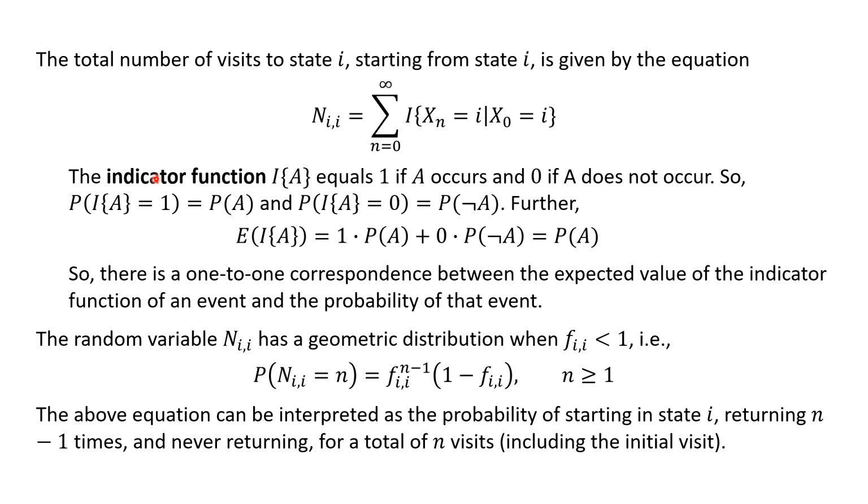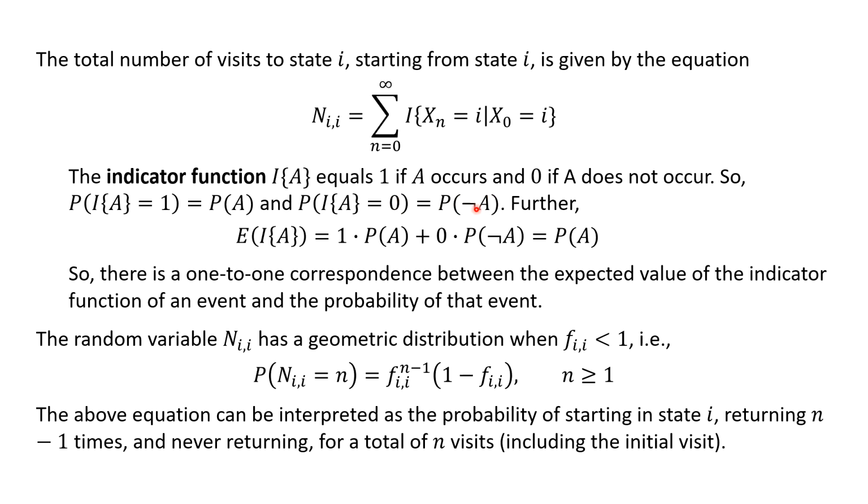We can define the indicator function here in general. The indicator function of some event A equals 1 if A occurs and 0 if A does not occur. So the probability that the indicator function equals 1 is the same as the probability that A occurs, and the probability that the indicator function equals 0 is the probability A does not occur.